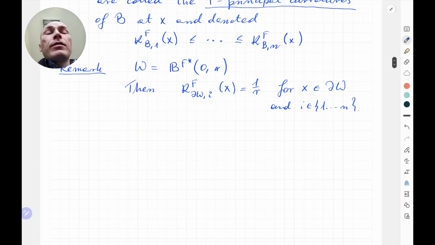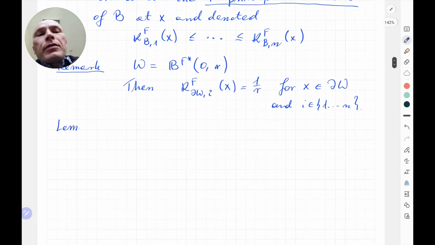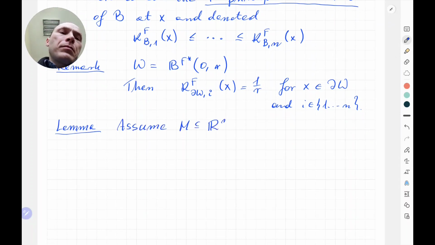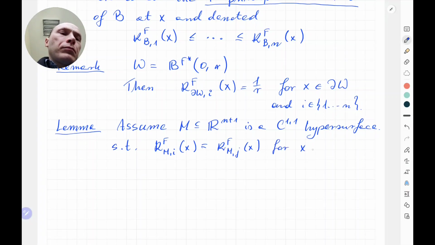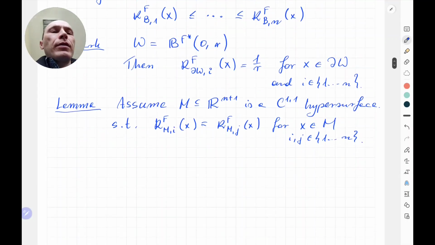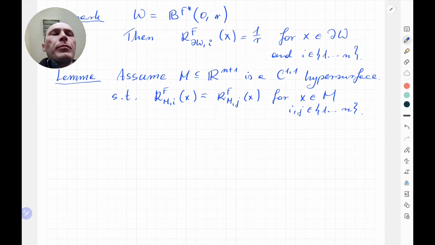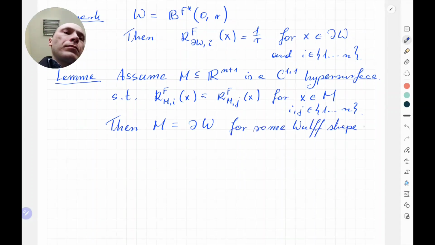And there is a lemma about principal curvatures that says that if you have a hypersurface M of regularity C^{1,1}, and all its principal curvatures are equal, so it is totally umbilical, then M is just an F-star sphere.